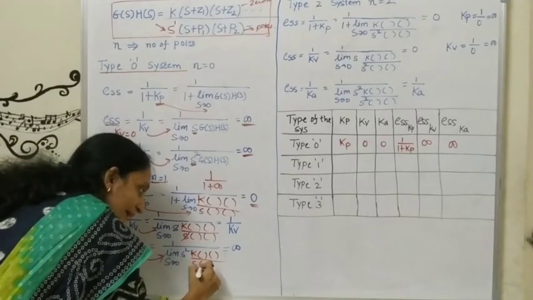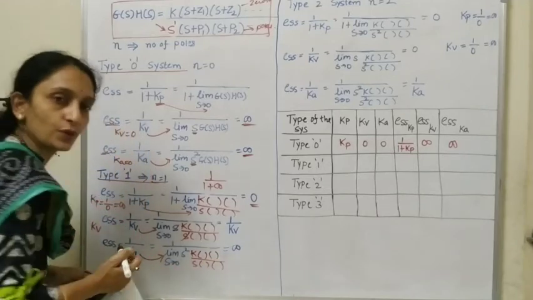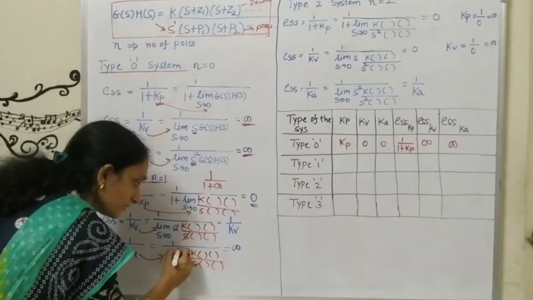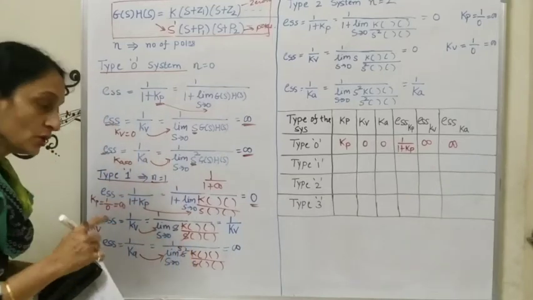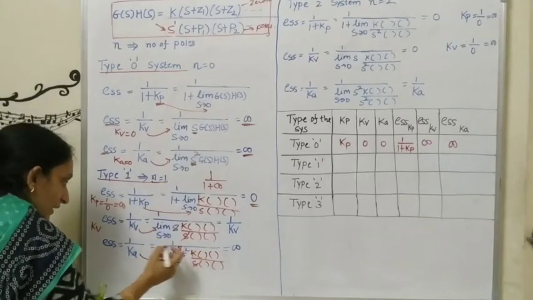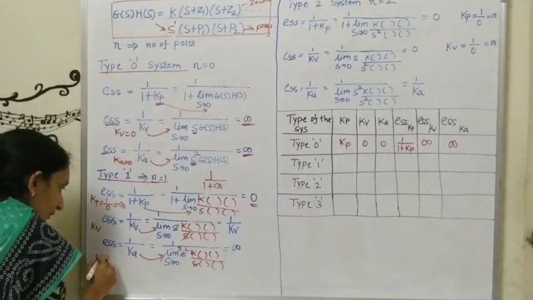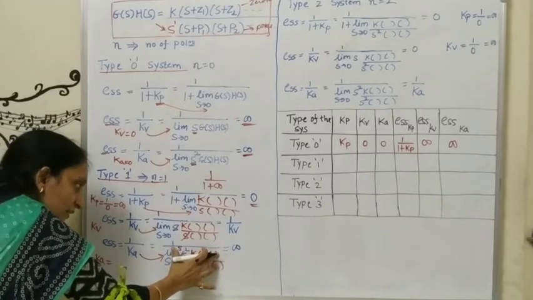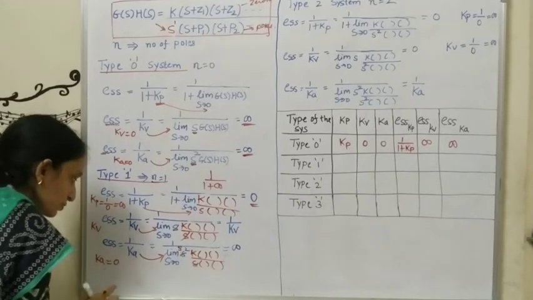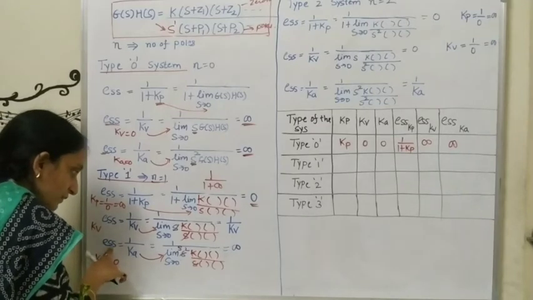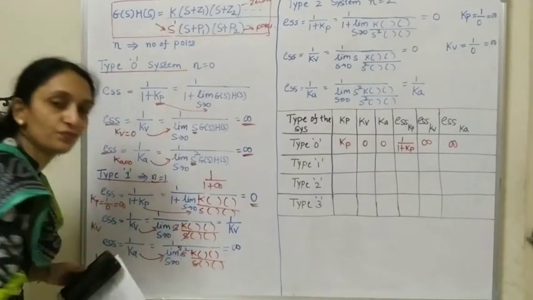There is a term s in the denominator, so this s and s get cancelled, but there is still a term s in the numerator, so when you take the limit this term will be 0. So I am getting Ka as 0, and the steady state error will be 1 by 0, which is nothing but infinity.